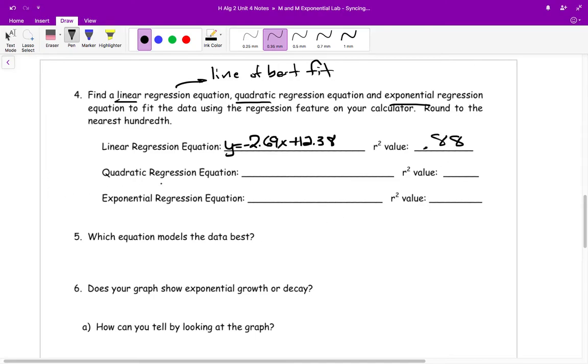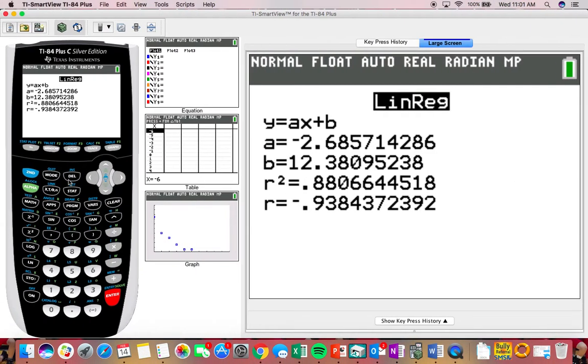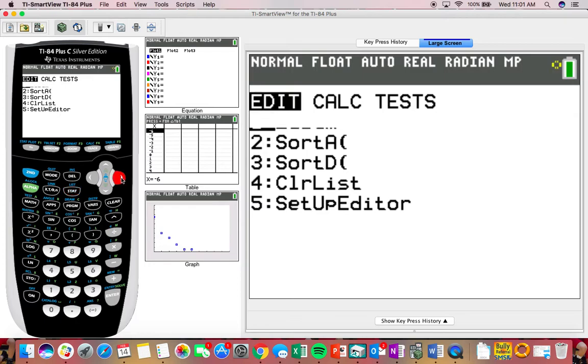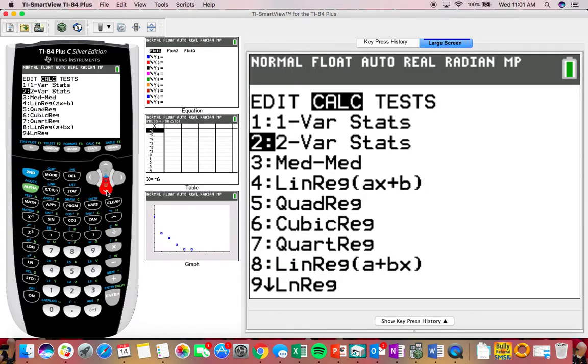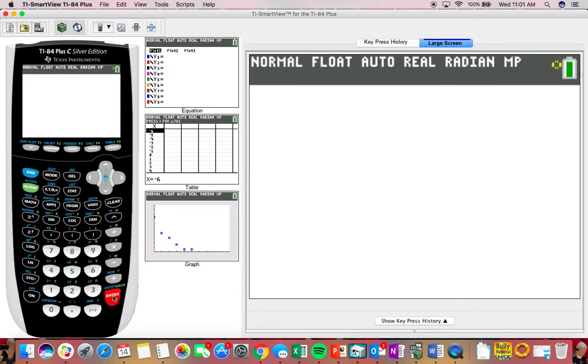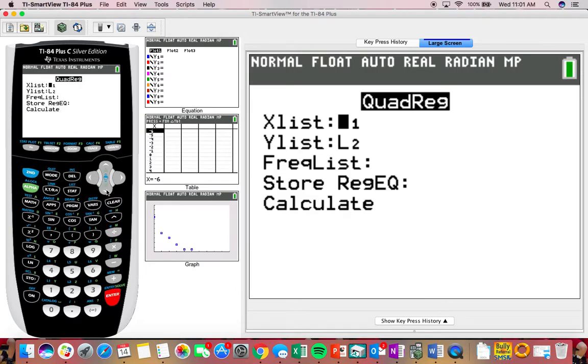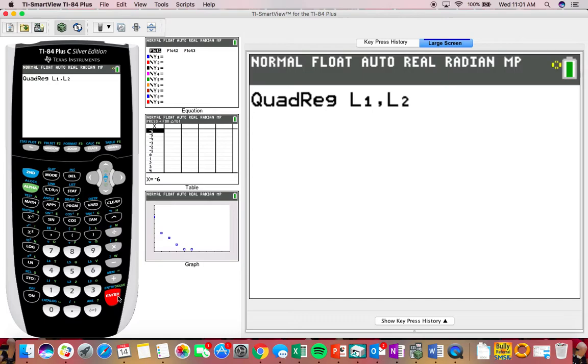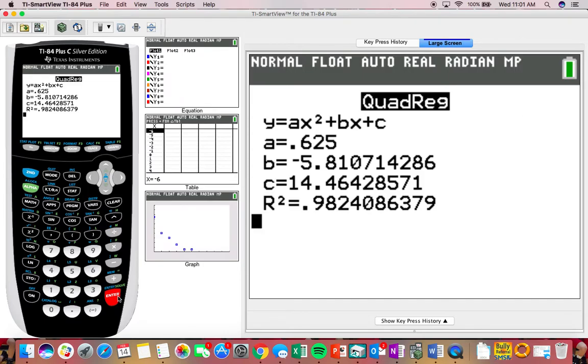All right, now let's do the same thing, but let's do quadratic regression. Basically you do the same thing. Go to Stat, over to Calc, and now look for quadratic regression. Then do the exact same thing: X list is list 1, Y list is list 2, and hit calculate. Notice that it's in the form of a quadratic equation, which is what you should expect.